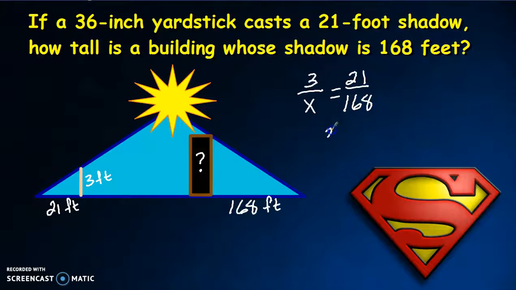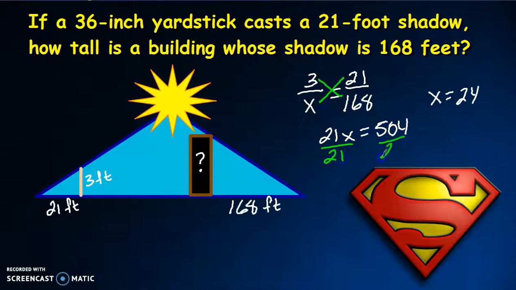So now cross multiply, I would get 21x equals 168 times 3, which is 504. Then divide by 21, and x would equal 24. Again, cross multiply, divide, answer, and that is in feet. So this building is 24 feet tall. So it's really like a 2-story building.